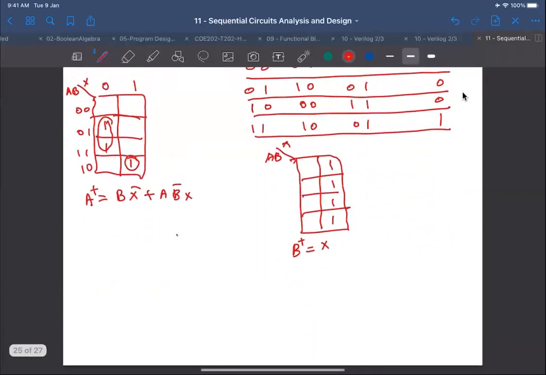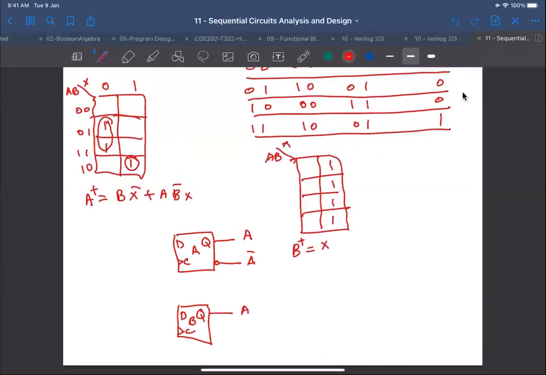So again, I draw two D flip-flops. The clock, don't forget the arrow for the clock. And this is A, this is B, A complement, B complement, and then my A plus is going to be an OR.